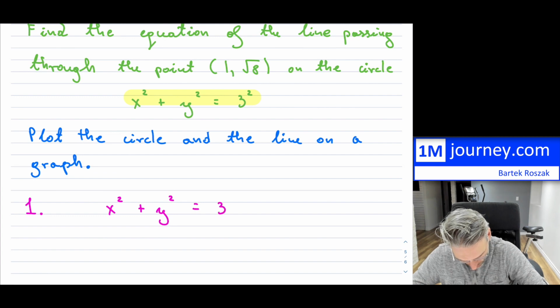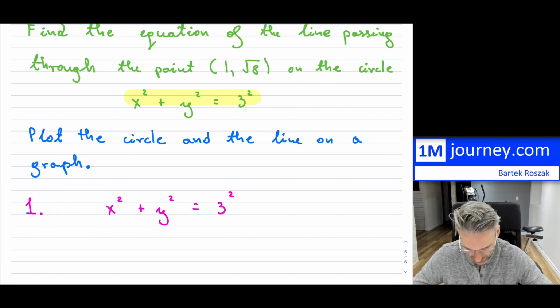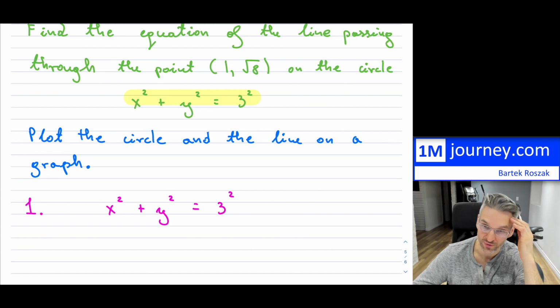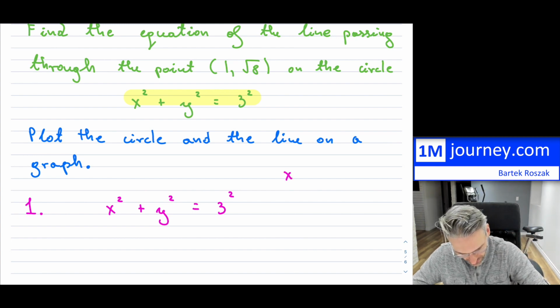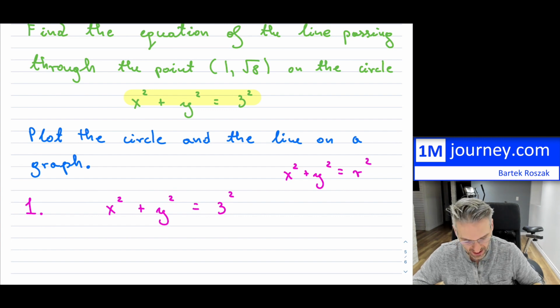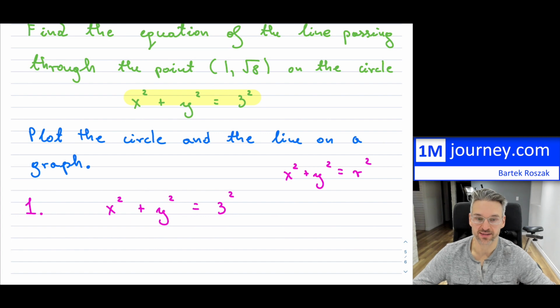So this is a circle which is centered at 0, and it has a radius of 3. If you recall, circles have this particular relationship, where R is the radius, if they are centered at 0.